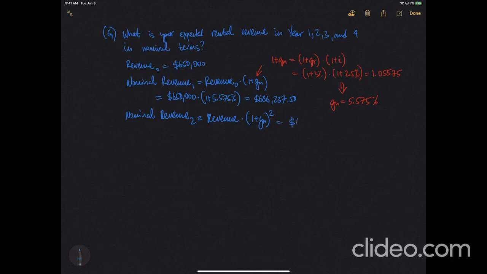And this equals $650,000 multiplied by 1 plus 5.575% squared. This equals $724,495.24.